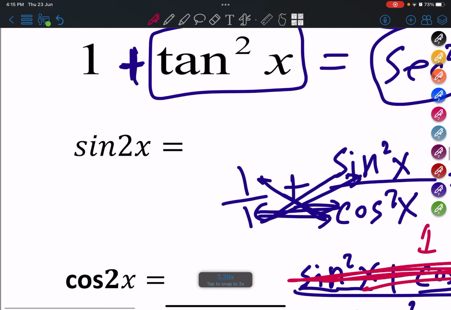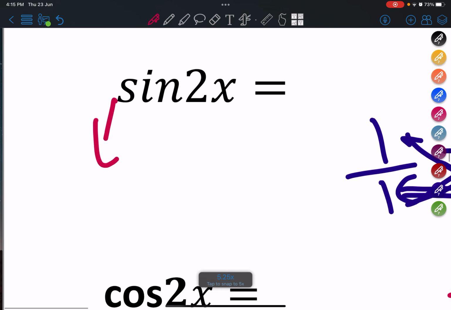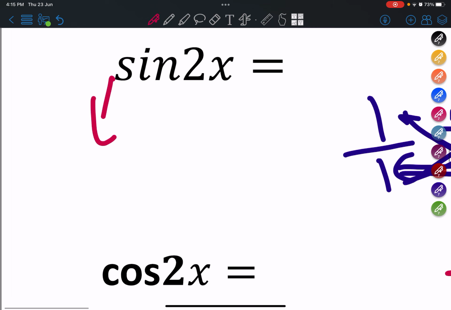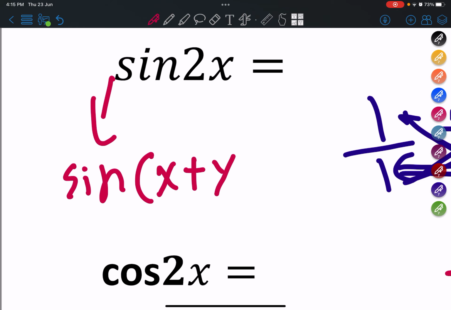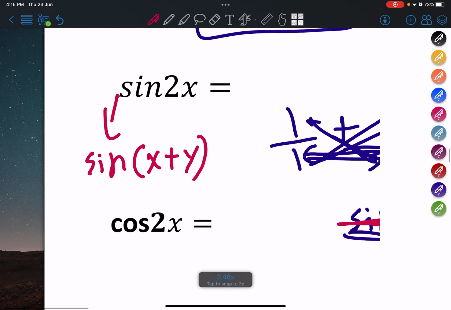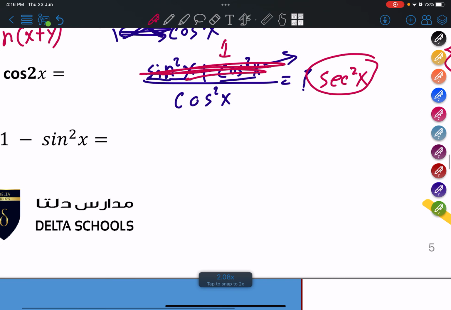Here, sine 2x. So let's first of all know what sine a plus b is. Let's make it sine x plus y. So sine x plus y is going to give us this formula.